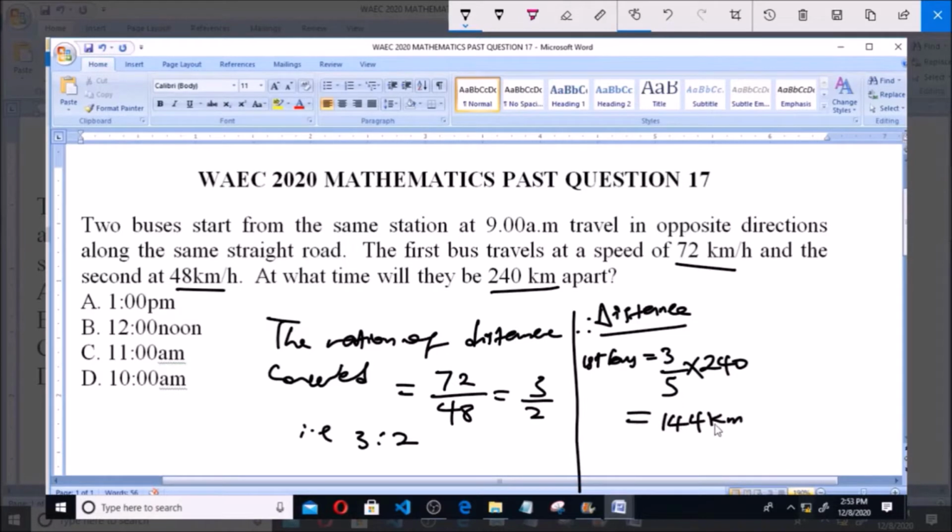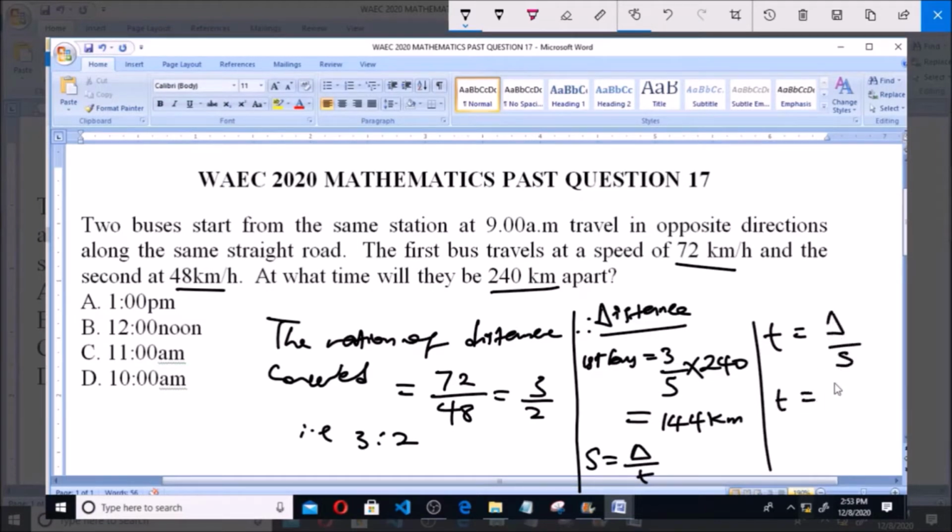So this is the distance covered by the first bus. Now we can get the time taken to cover 144 kilometers by this first bus. Since we know that speed is equal to distance all over time, then the time t is equal to distance all over speed.